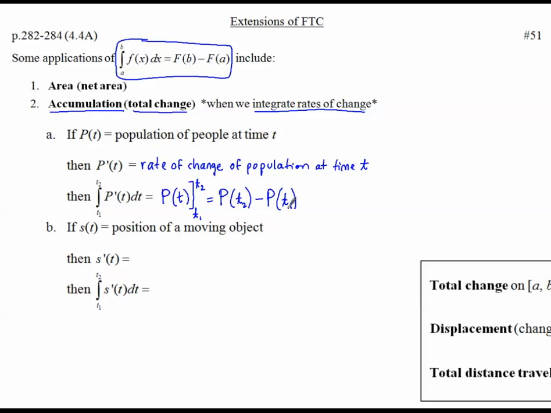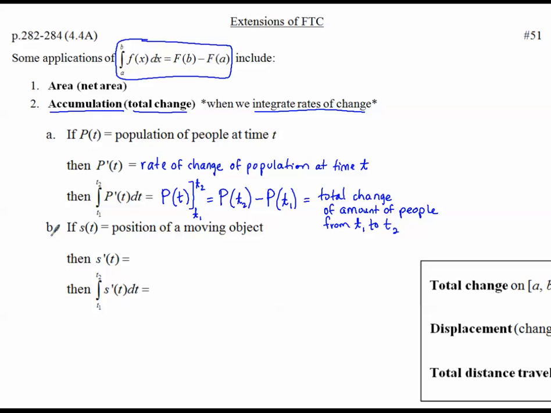The difference between those populations represents a total change of the amount of people in that population. So this represents a total change or a total accumulation of the amount of people from time t sub 1, whatever that may be, to time t sub 2.